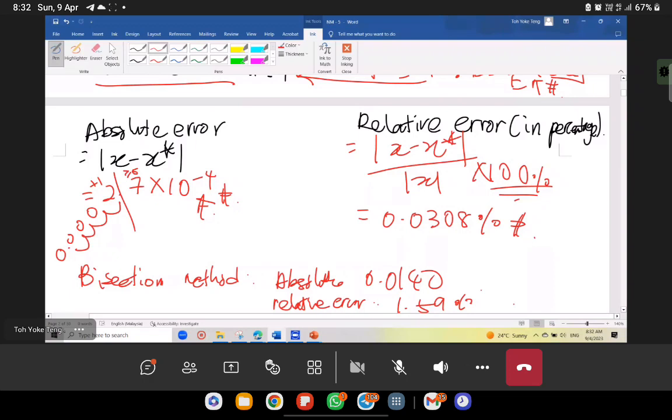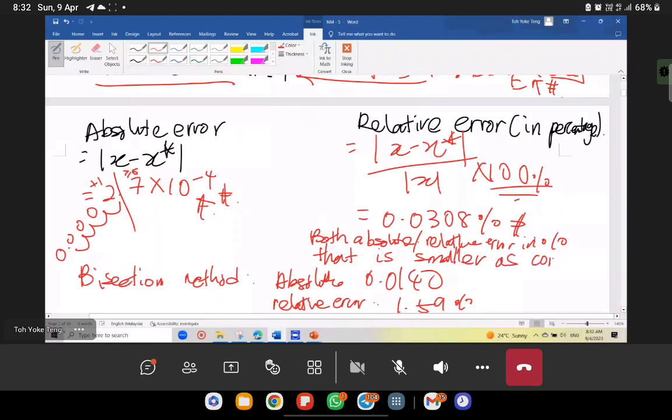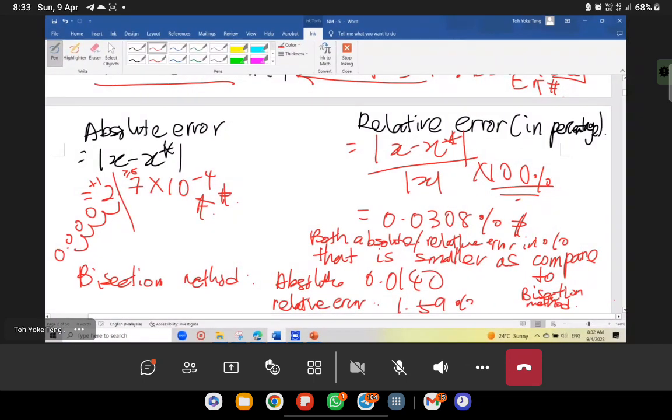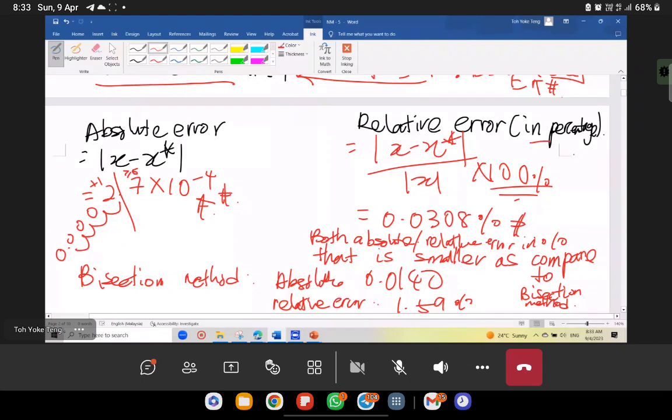So from the Newton-Raphson method, both the absolute error and the relative error in percentage are smaller. In this question, it doesn't ask you to justify, but just something I want to share with you: the values for the absolute error and the relative error in percentage are smaller compared to the bisection method.